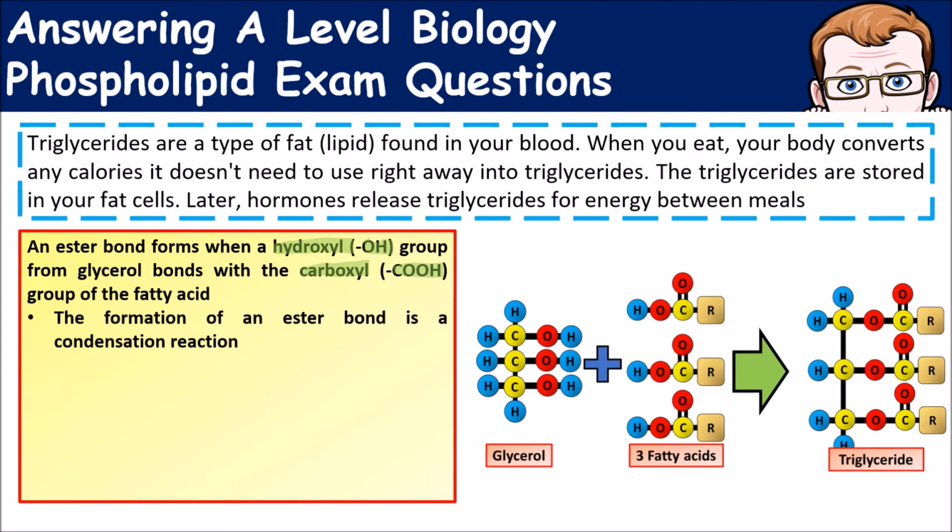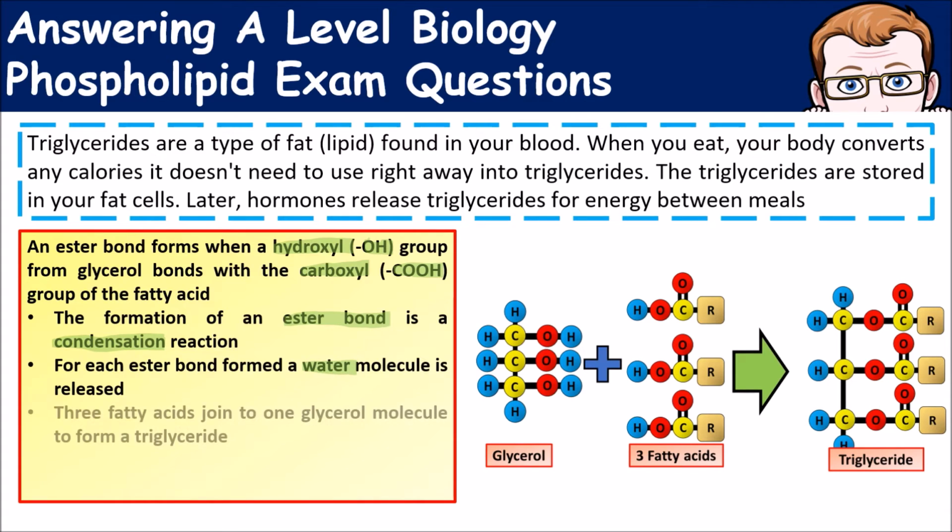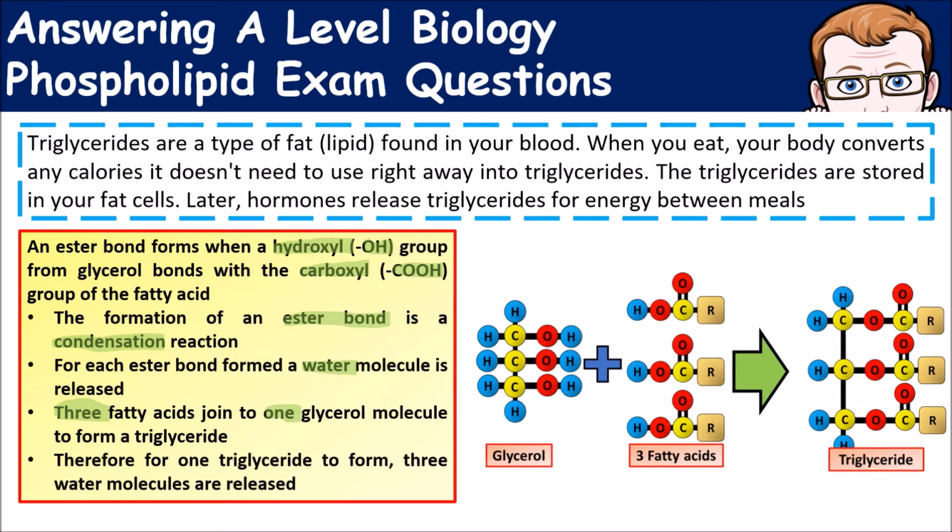The formation of an ester bond is a condensation reaction, quite importantly. For each ester bond, a molecule of water is released. Like we said, 3 fatty acids join to 1 glycerol molecule to form the triglyceride. Therefore, 1 triglyceride forms 3 molecules of water as it's being produced.